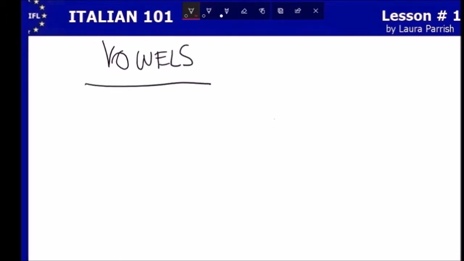The 5 vowels in Italian are A, E, I, O, and U. It's very important to be able to pronounce the vowels correctly, because Italian is the language of the vowels. So if you learn to pronounce the vowels correctly, you're going to speak Italian very well.